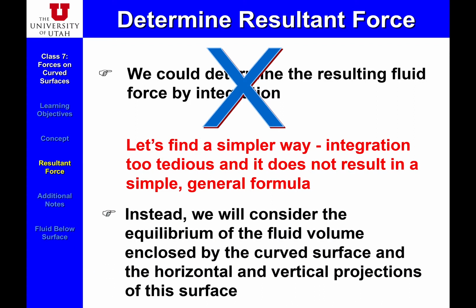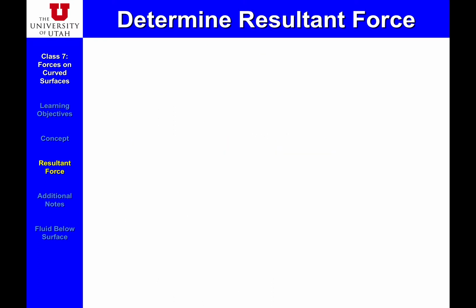One thing to note is that we'll look at the equilibrium of the forces on horizontal and vertical projections of the curved surface. So let's talk about how we can do that.